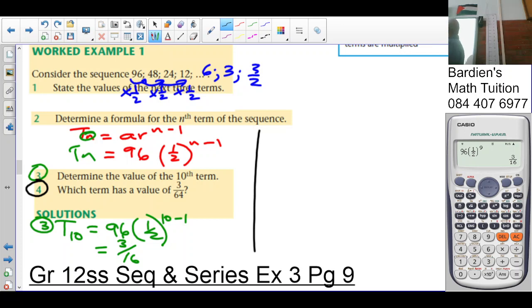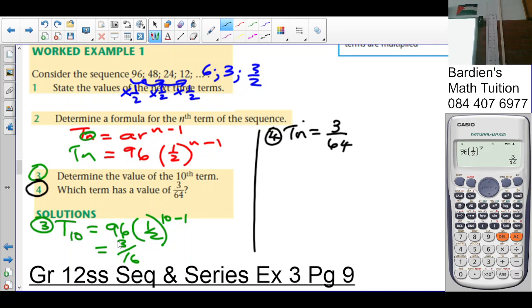It says which term has a value of 3 over 64. So in other words, your nth term is 3 over 64. But what is Tn, people? It's going to be 96 into a half to the n minus 1, not so?